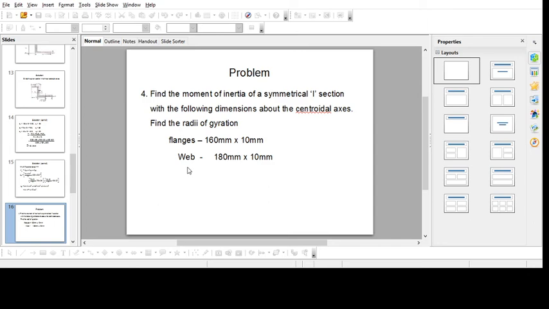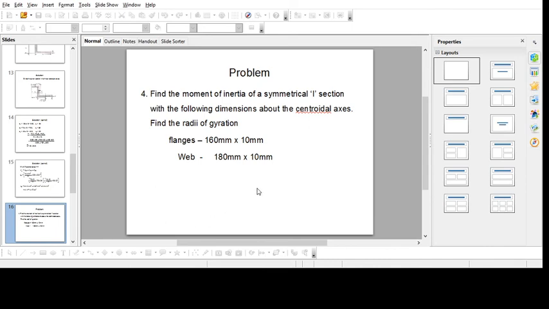Next, y2. If you see from the x-axis, the web is not on the axis, it is placed on the flange, at a height of 10.